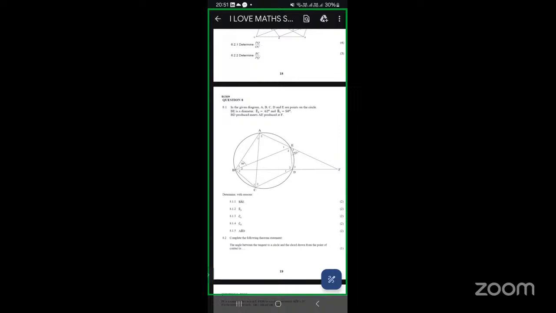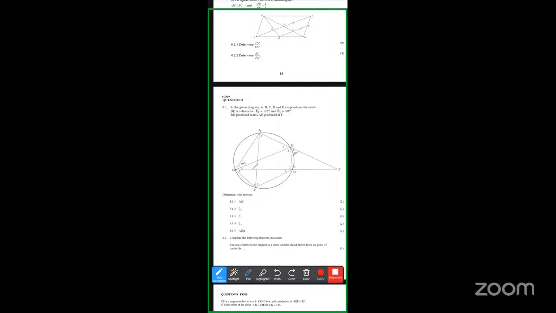Can you just please repeat what you said? I didn't hear you well. You said this angle is equal to that angle. Yes, sir. Why and how?